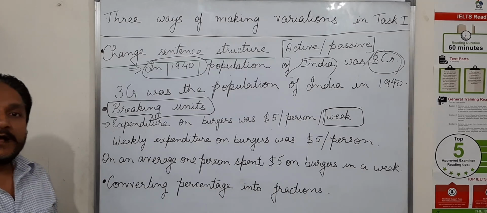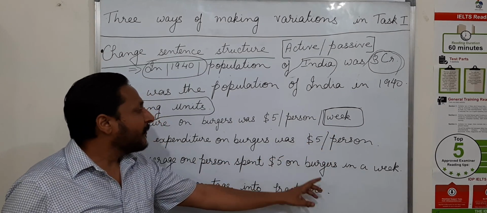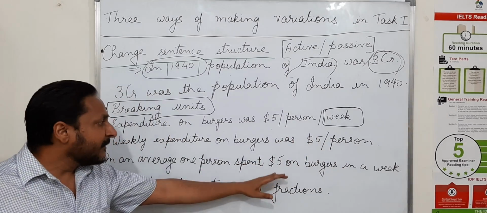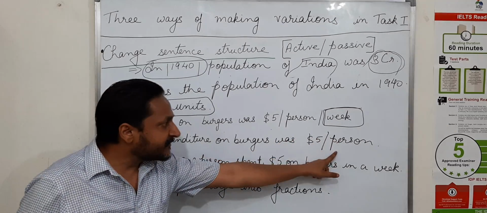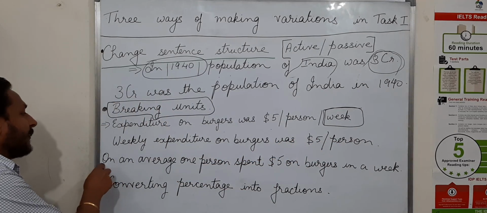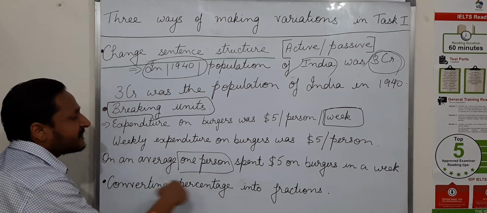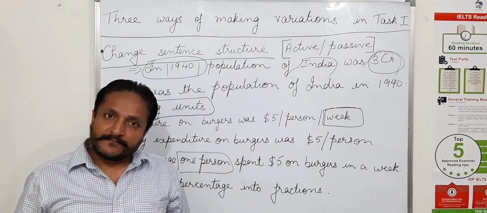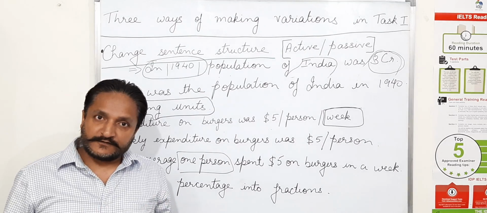Fine. I have further broken down the units, and now instead of $5 per person, I've just written $5. And per person will come over here. On an average, one person spent $5 on burgers in a week. So this is yet another way to show variations.